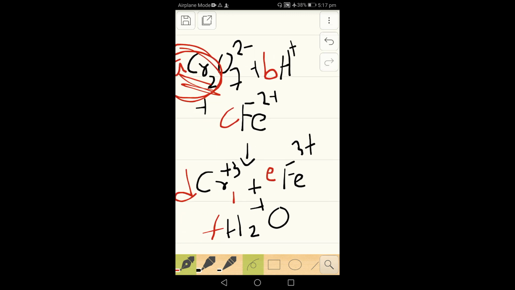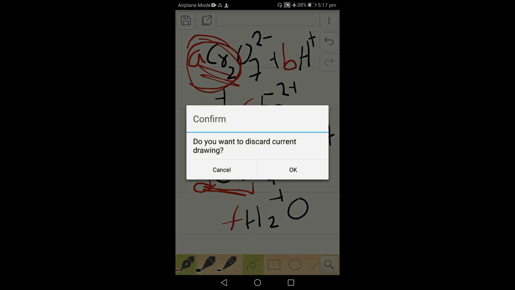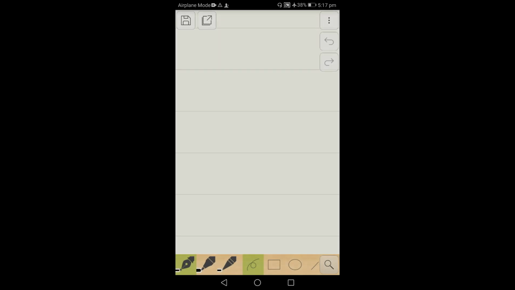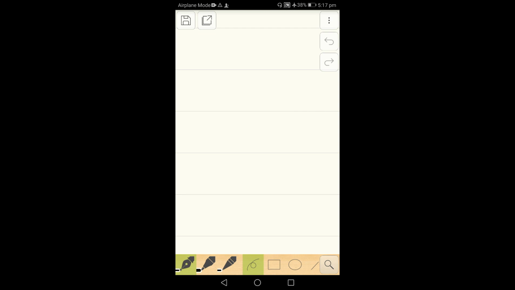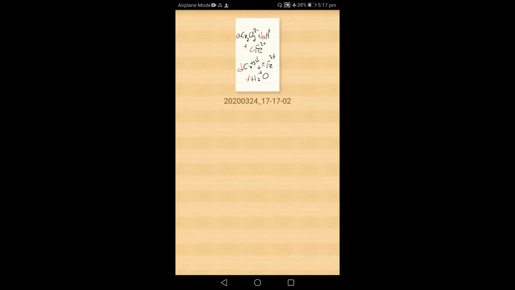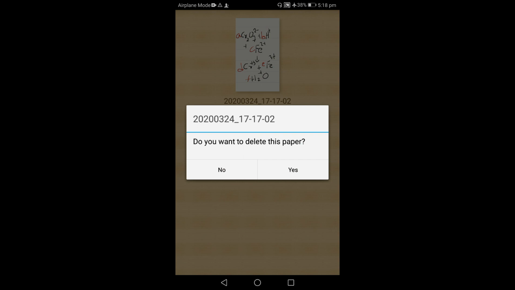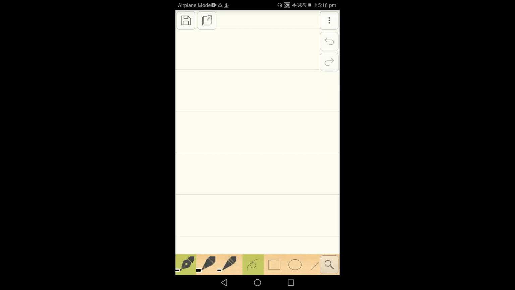And here is 1 chromium, so it should be equal to D. So 2A is equal to D in case of chromium.